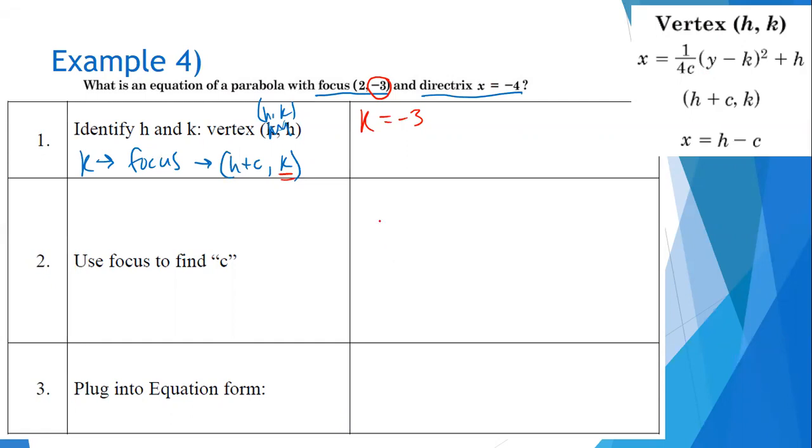All right. h is going to be a little different. If you remember example 6 from our notes yesterday, where we had to set up and solve a system, it's going to be the same thing for solving for h today. We're going to use the focus and the directrix.